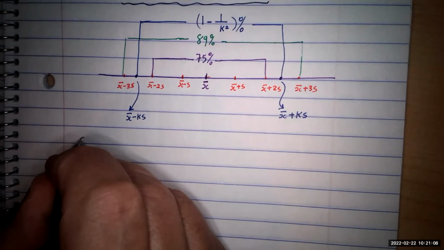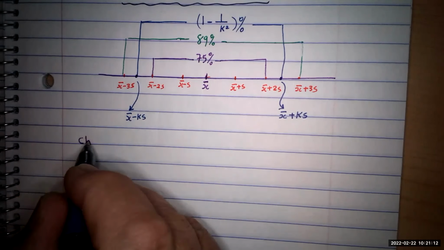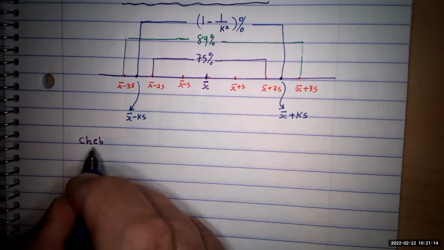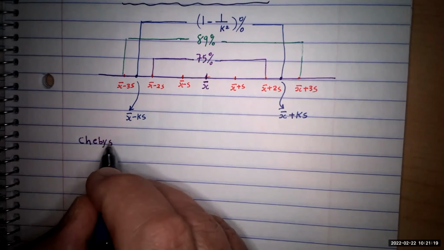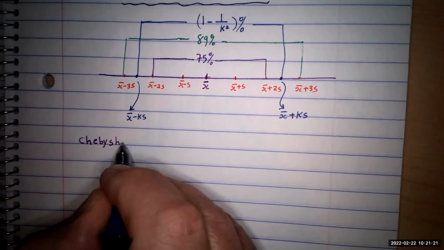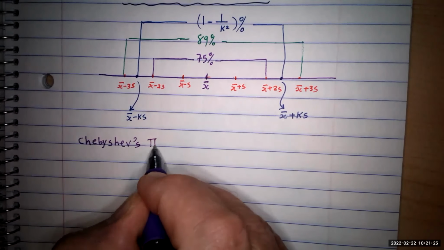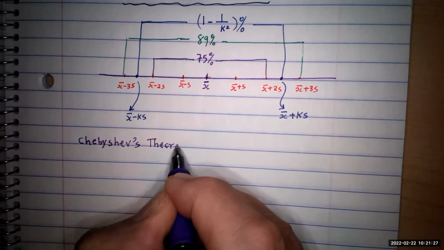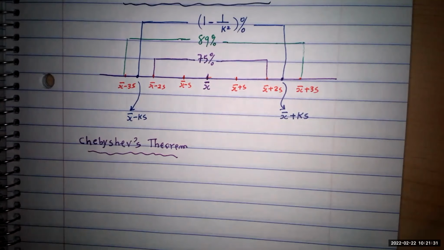So in your book, they like it, and you have a number of problems in your assignment. So get to know it. It's a Russian mathematician, Chebyshev. This is it, Chebyshev's theorem. Maybe this is his only result in statistics.